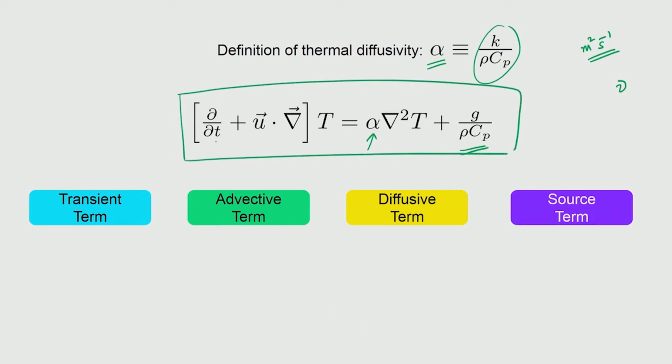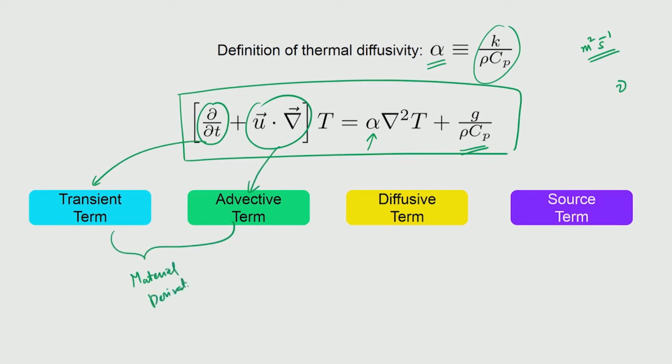with the advective term and the partial derivative with time, all of it coming because of the material derivative on the left hand side. So, this first term goes by the name transient term, and the second term goes by the name advective term. These two together are coming because of the material derivative, and that is because we have used the Eulerian specification.